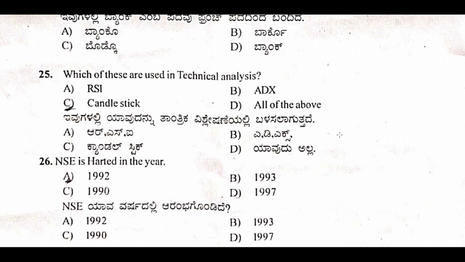The average directional index, that is ADX, is a technical analysis indicator used by some traders to determine the strength of a trend. And candlestick charts are one of the most popular components of technical analysis, enabling the trader to interpret price information quickly and from just a few price bars. So therefore option D, all of the above, is the right answer.